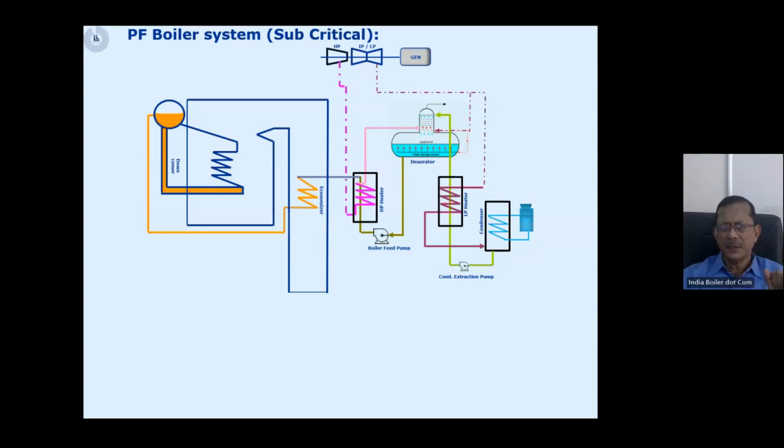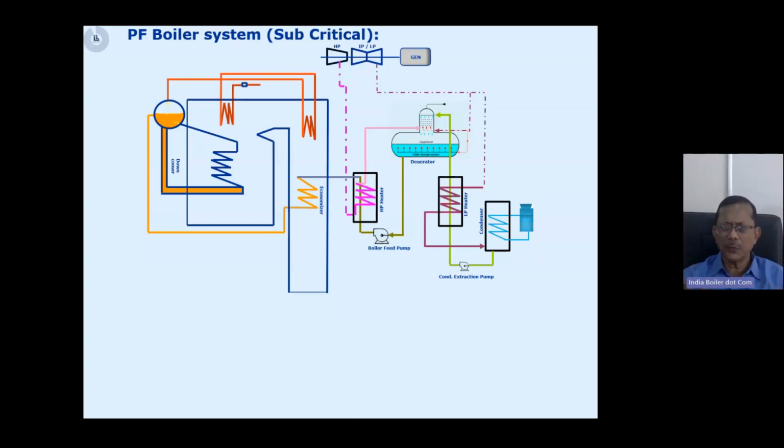In the evaporator system, the heat is used to generate steam in the water walls, and that steam is separated in the drum and goes to the steam system, where we have the superheaters. In most cases, there will be a convection superheater.